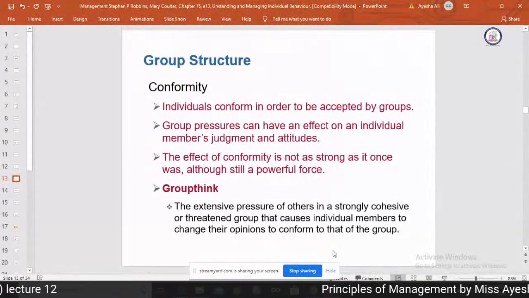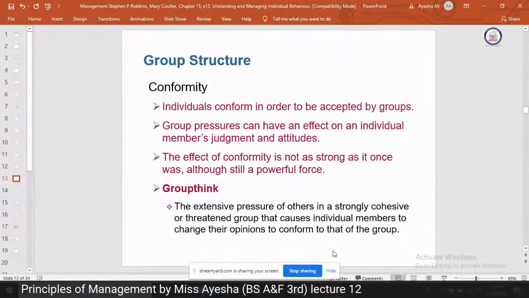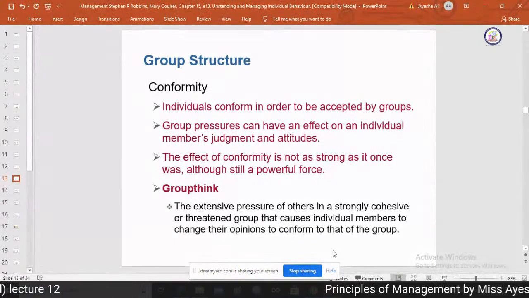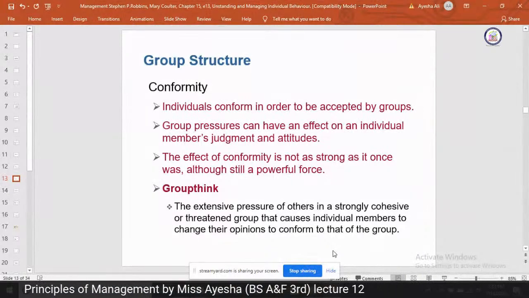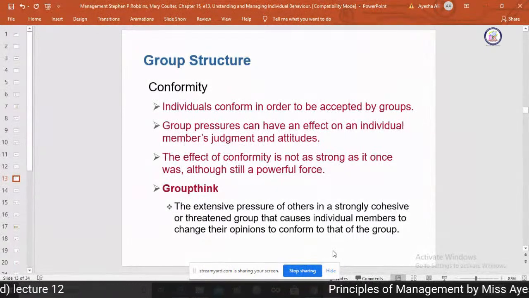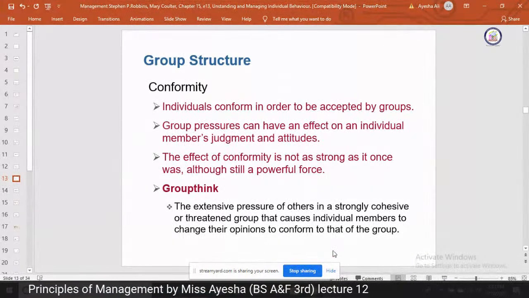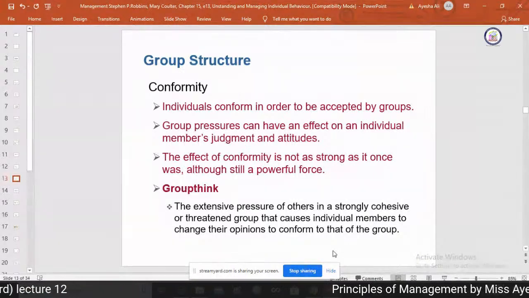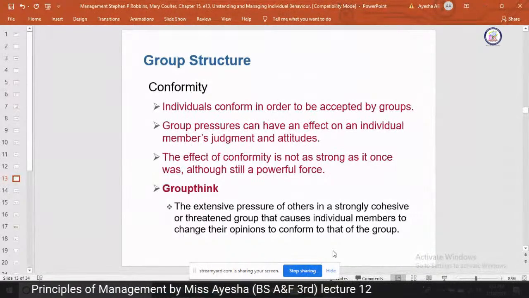So sometimes we have to adopt the culture of the group, the culture and the norms and environment and the opinion of our group members in order to survive in that group, because it's so important to adopt and conform to the group. Without it, the conflict will not resolve. And if the conflict does not resolve, we are not able to work or perform in the same direction.